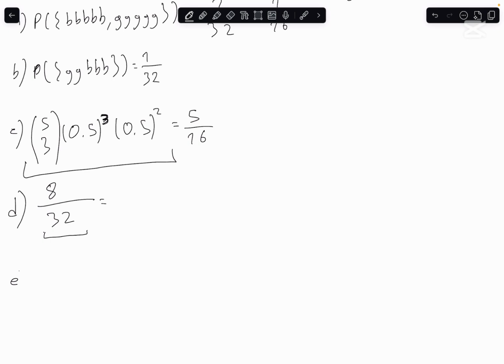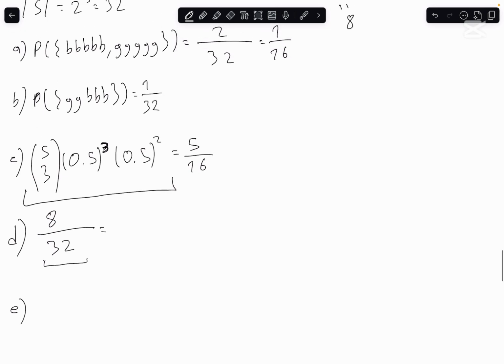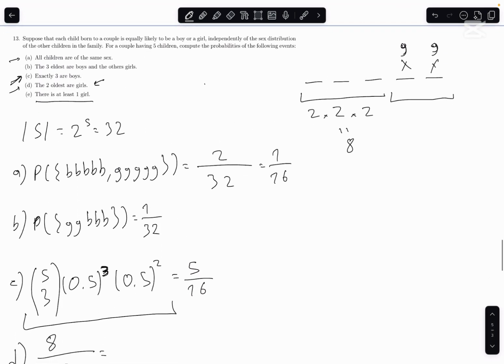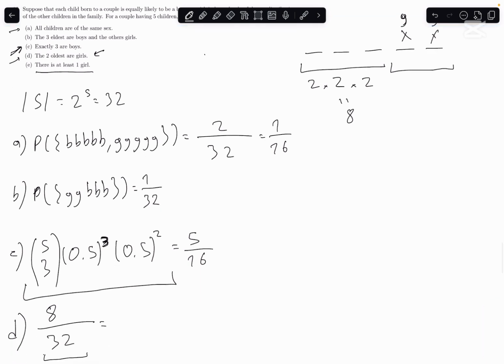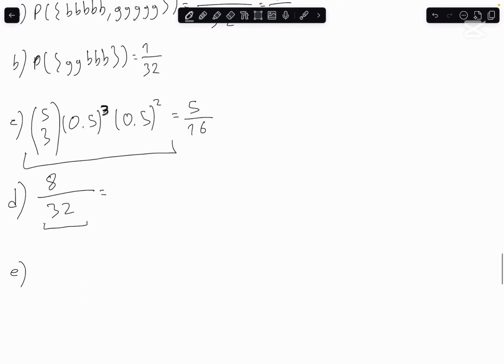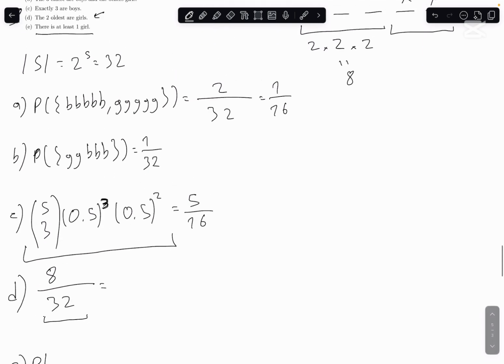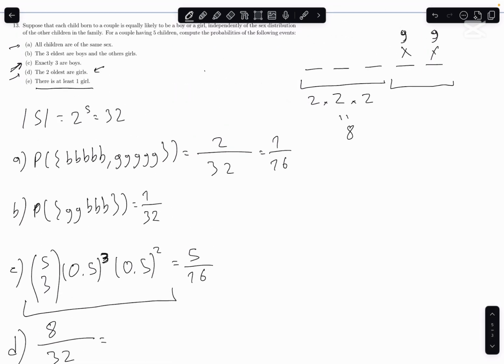Let's go to section E. It says there is at least one girl. In that kind of question, instead of calculating all of the combinations that have at least one girl inside, we can just calculate the combination that has no girl.